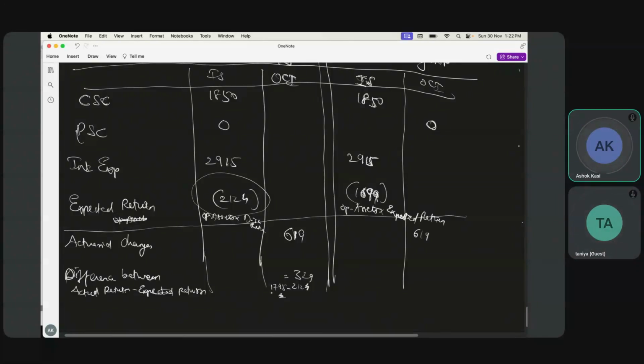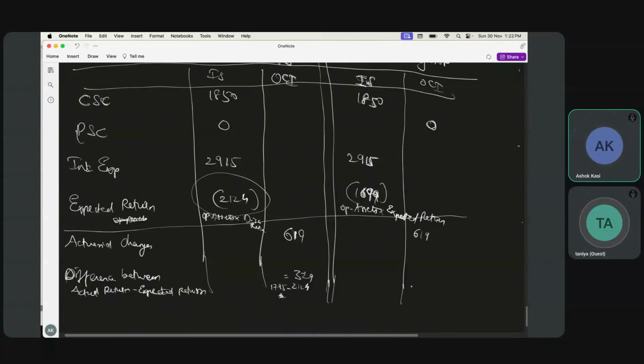So actual return is lower, which means expected return is higher. Net it is in minus, and because it is in minus, it will come positively. Because the actual return is lower, I'm incurring a loss. So it is a positive number.